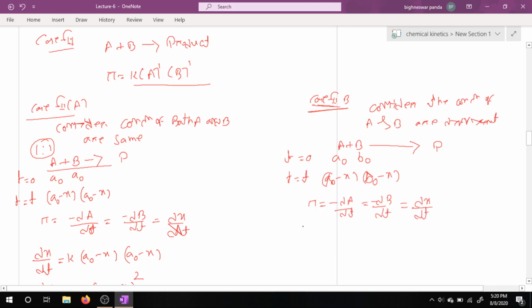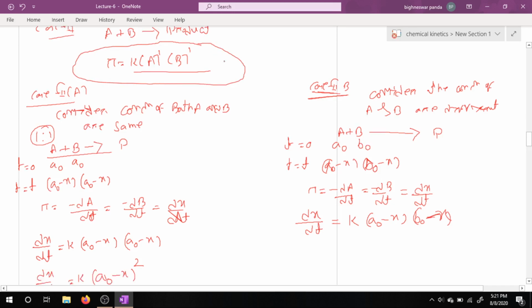So overall I can write dx by dt is equal to k into A naught minus x. Why am I writing this? Since R is equal to k into A raised to power 1 and B raised to power 1, the product of A to the power 1 and B to the power 1.